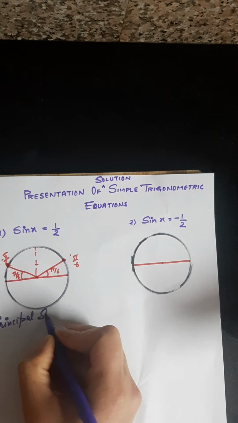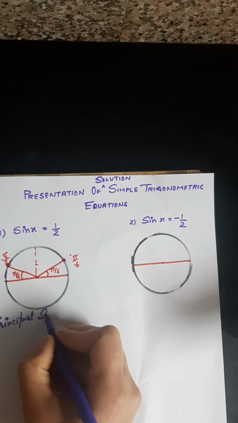Similarly here, sin x is minus half. The negative sign tells us that the principal solution, which lies between 0 to 2 pi, lies in the third and the fourth quadrant, because in the third and fourth quadrant sine is negative. So this negative sign takes us to the third and fourth quadrant, and this value takes us again to pi by 6.